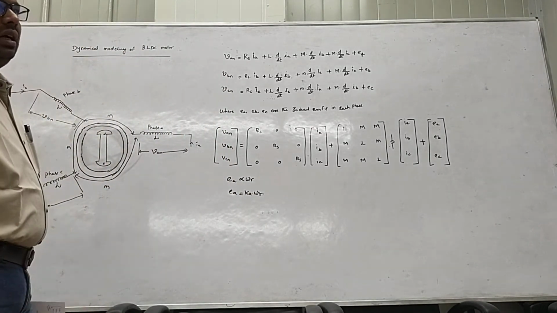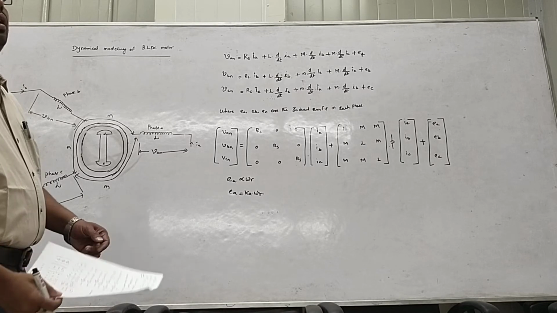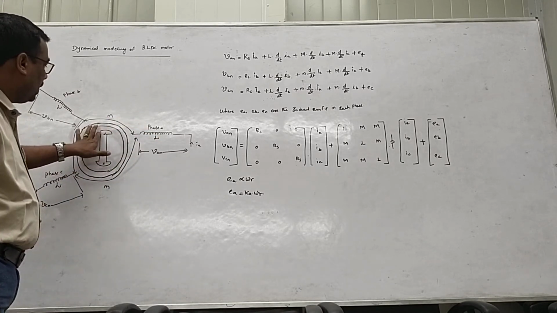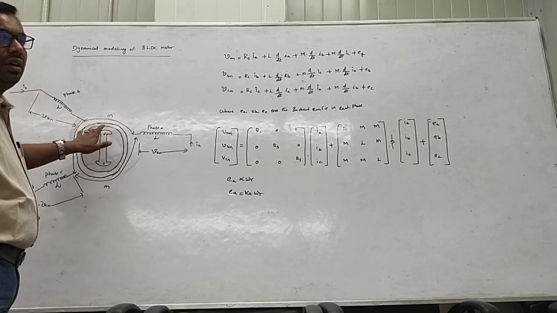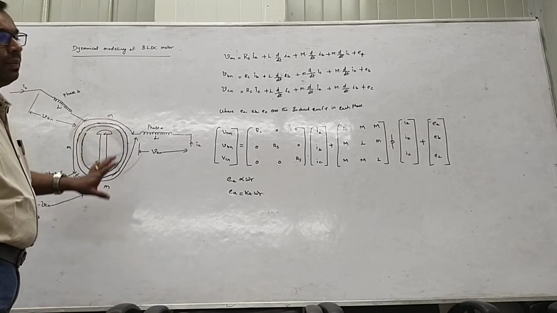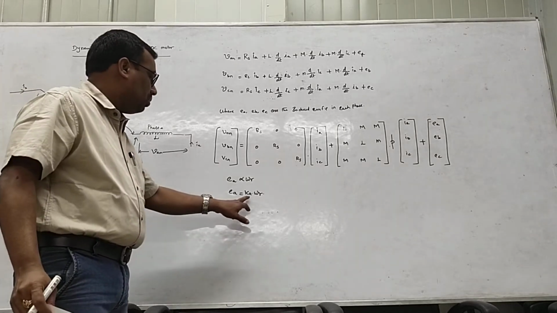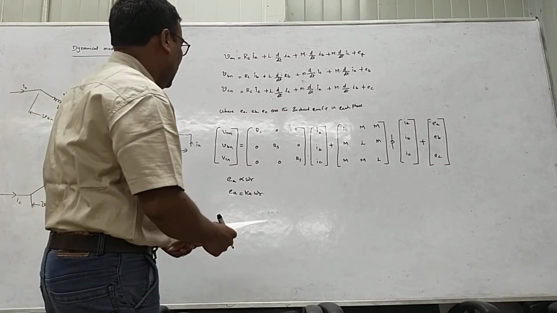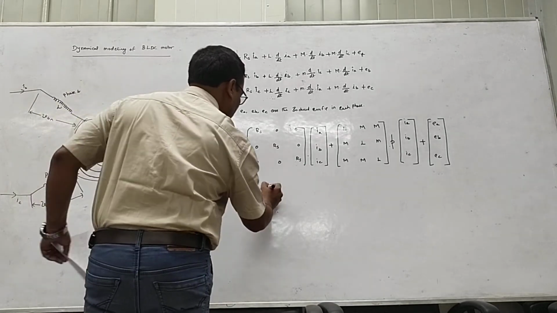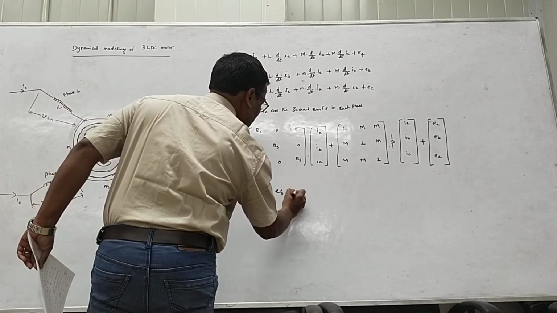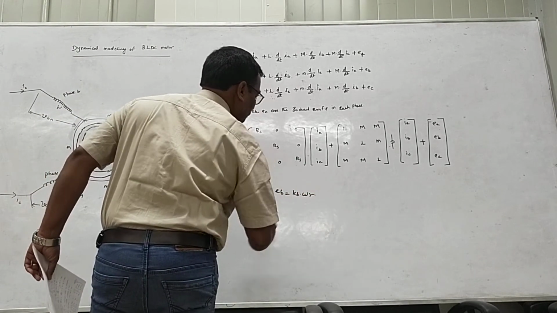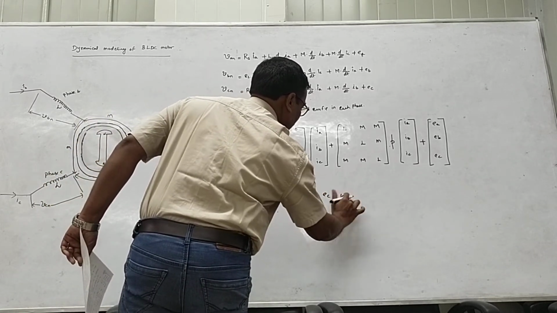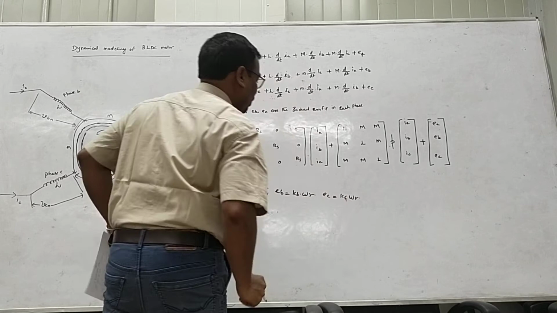Here Ka is a function of the angular position theta. If the rotor is rotating, it will make some angle. So K is a function of the position of the rotor. And similarly, EB is equal to KB into omega r, and EC is equal to KC into omega r.